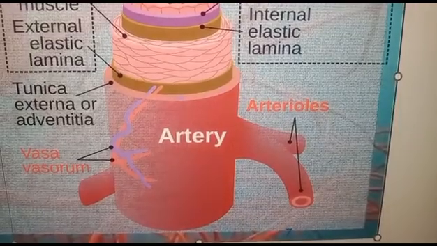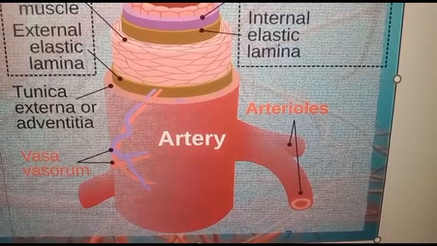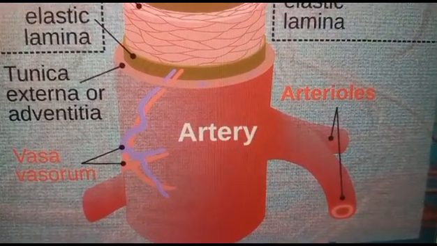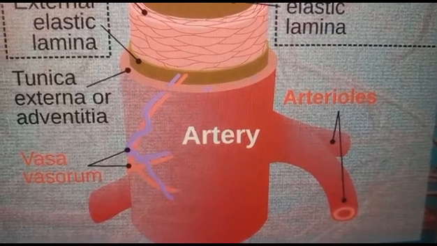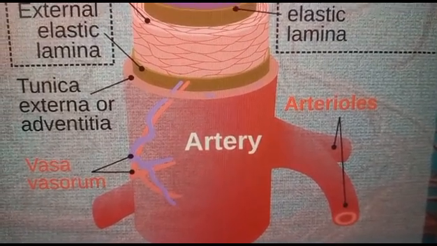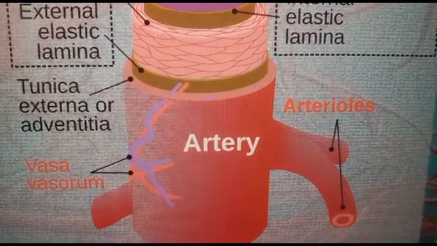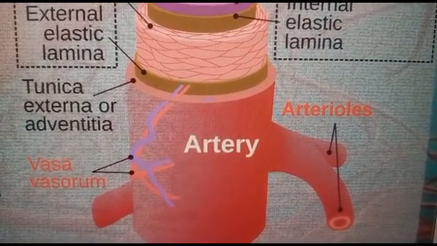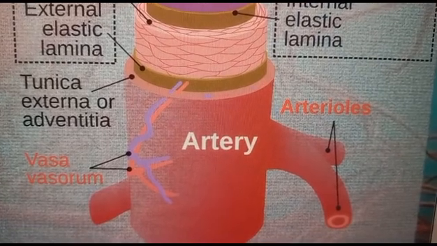Now, as the heart beats, the blood moves through major arteries before continuing into arterioles. Arterioles are comparatively smaller arteries.